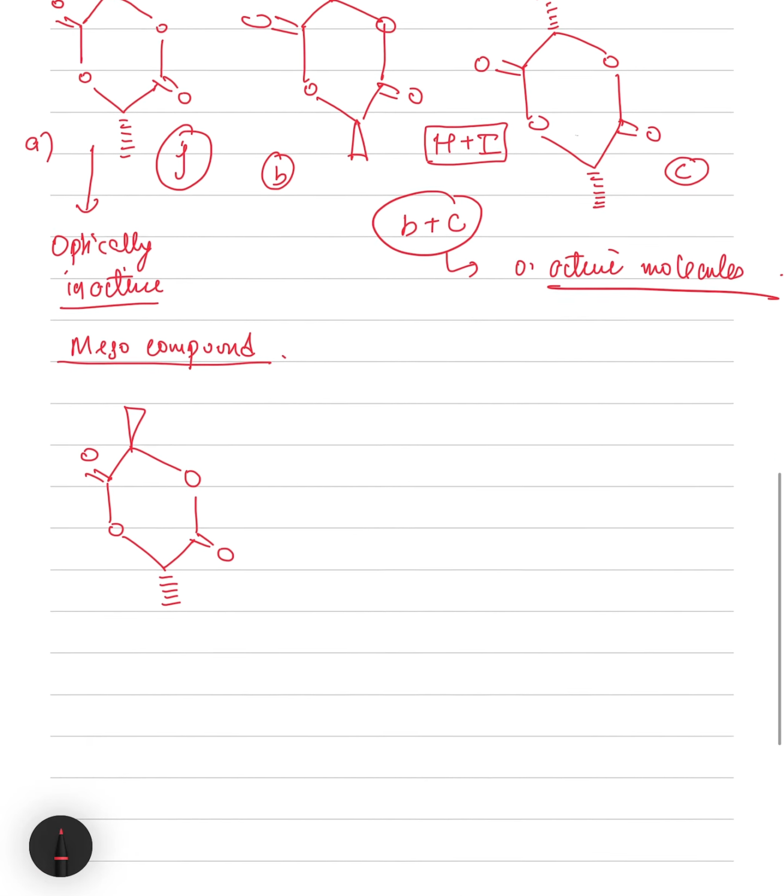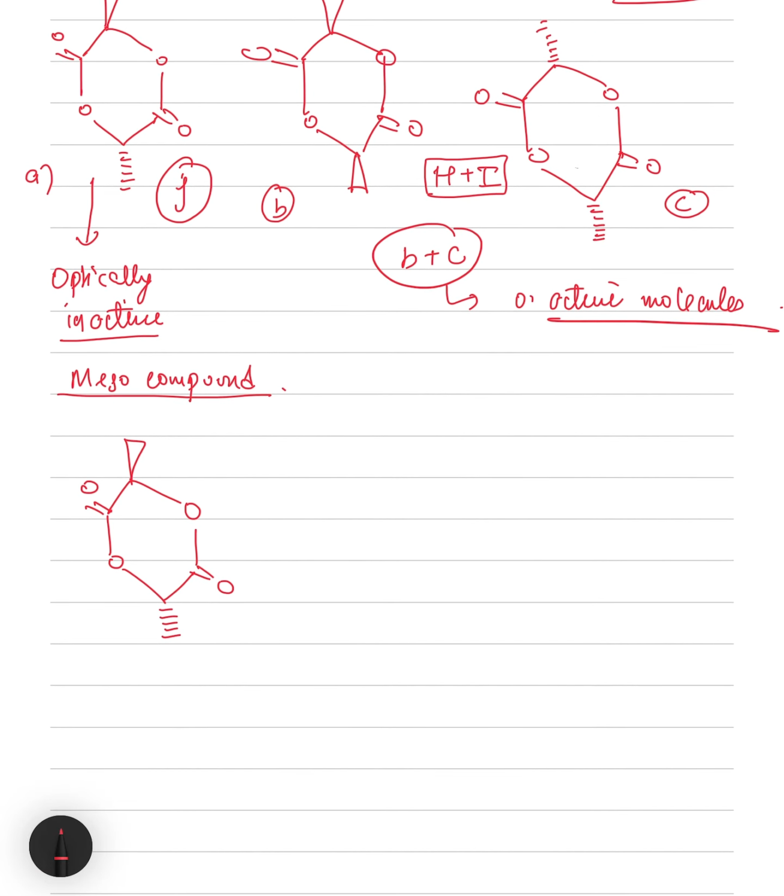Now in this case, what to do? Let's say we have this molecule. Whenever we have to find the alternate axis of symmetry, first of all, try to rotate this molecule around a particular axis, right? Let's say we take this axis, and along this axis I rotate this molecule by 180 degrees.